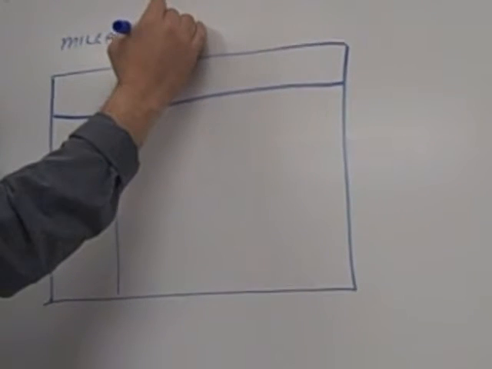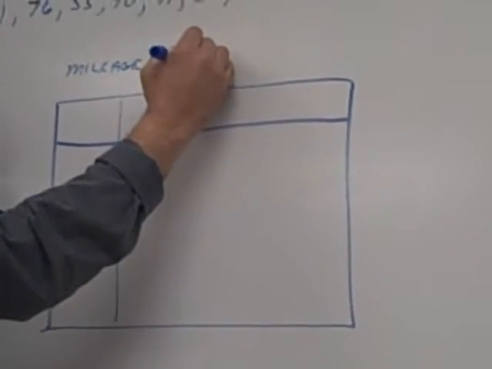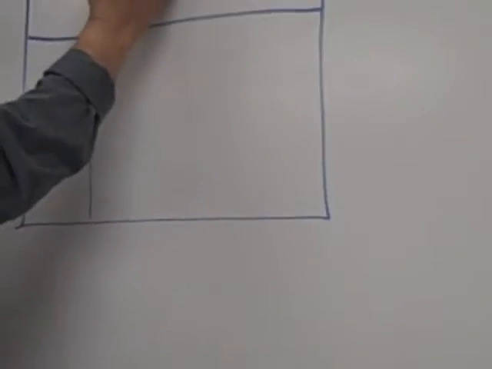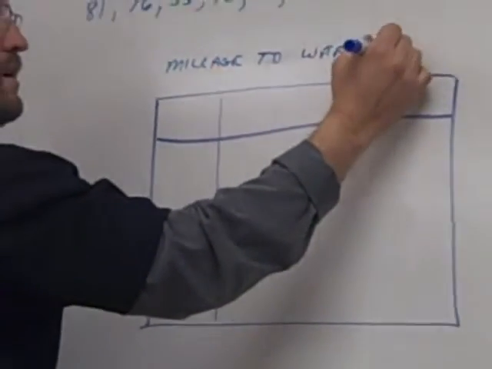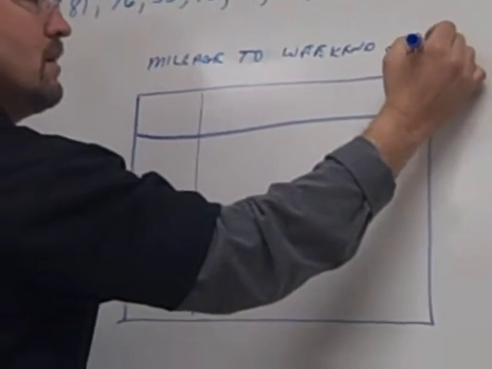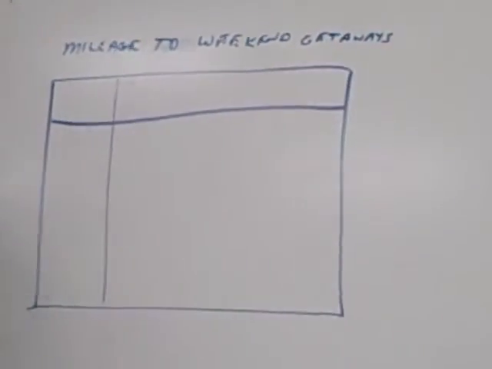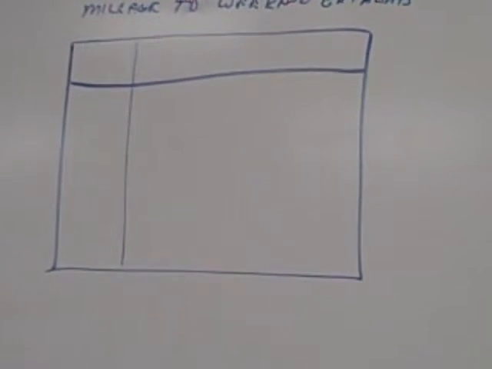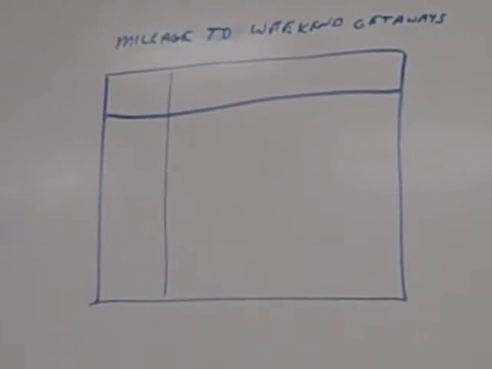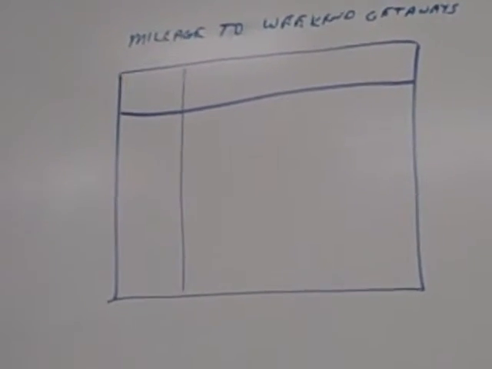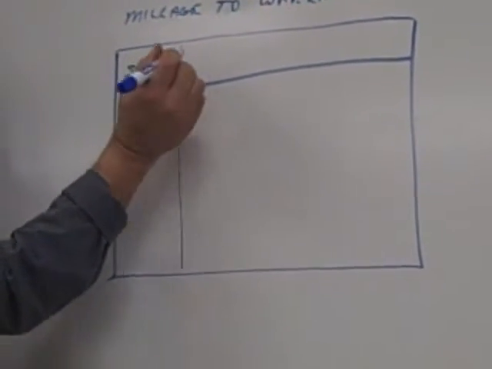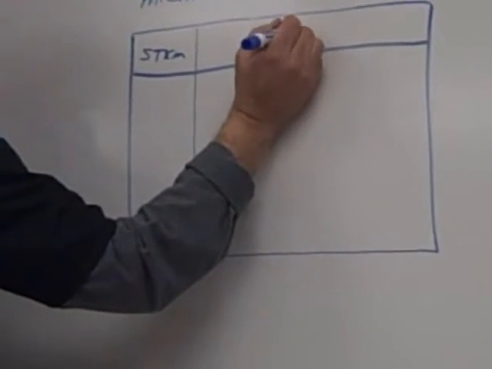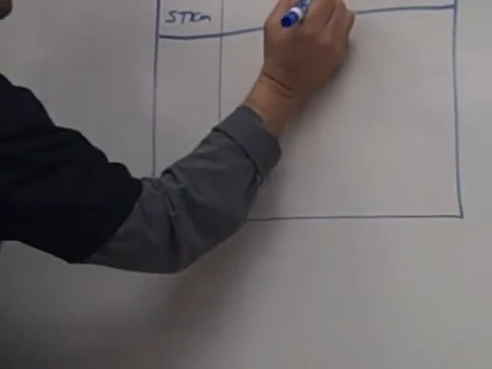Miles to weekend getaways. Okay? All right. What's in this box? Stem. What's this? Leaf. We're just following the rules we set up over here.